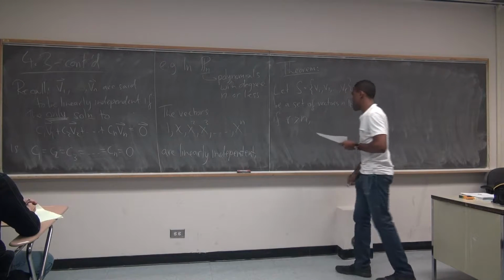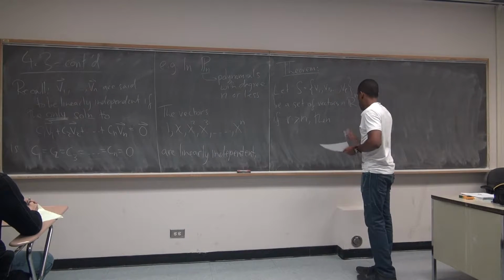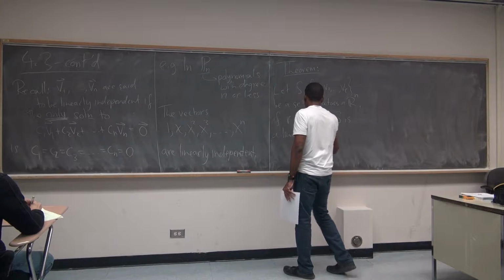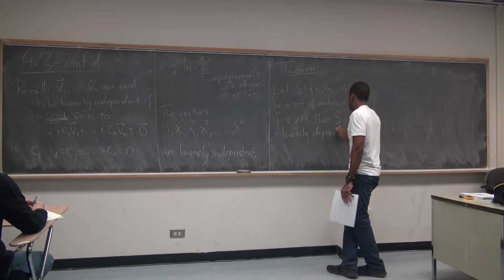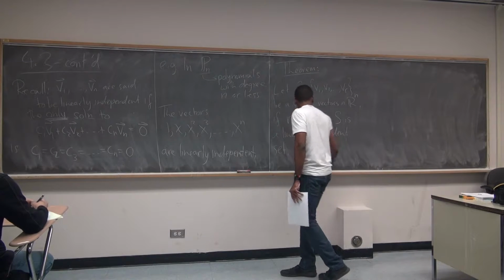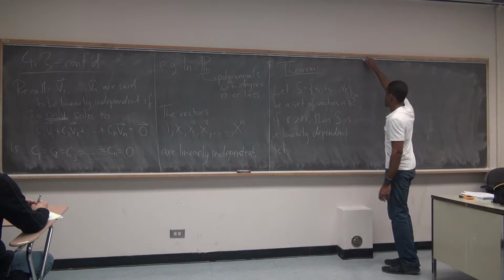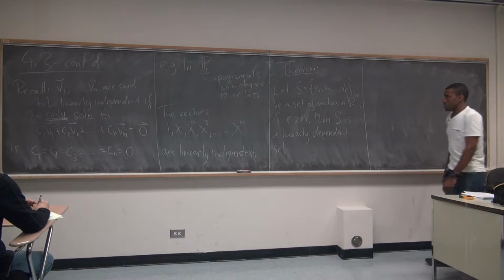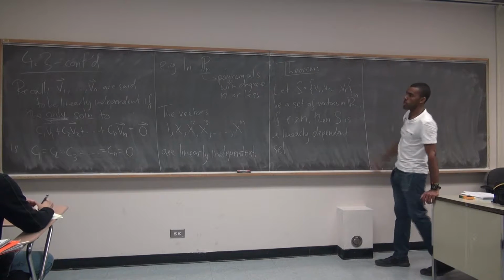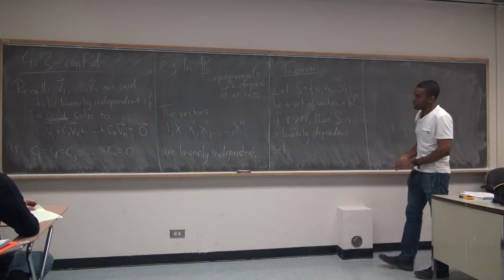Well, we sort of did the flip side to this. If R is bigger than n, then S is a linearly dependent set. So for example, if I'm looking at R3 and I give you 4 vectors, then I will get a linearly dependent set. Let me see why that is.